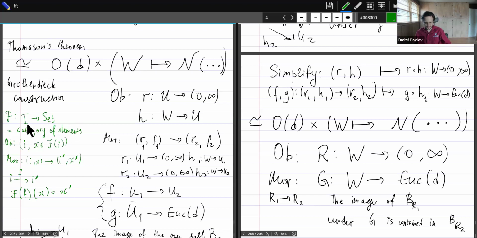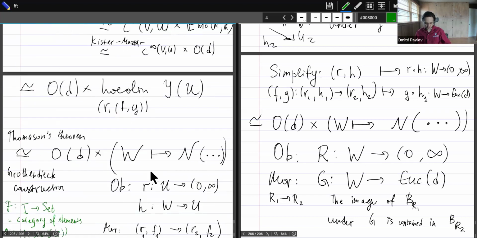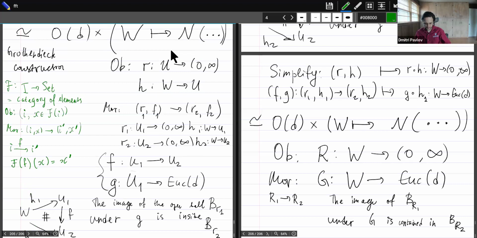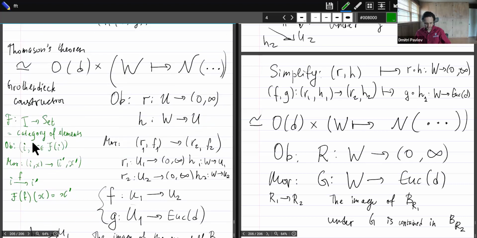It's literally another name for the category of elements, or in this case, co-presheaf, right? So of course I could have taken the opposite category. Well, in fact, it's really the category of elements of a presheaf.